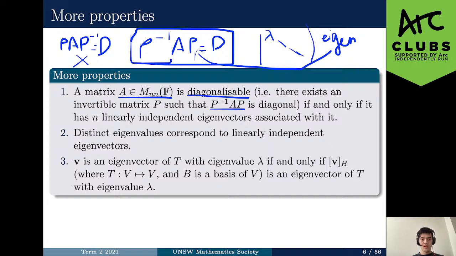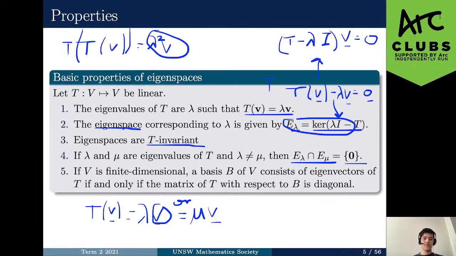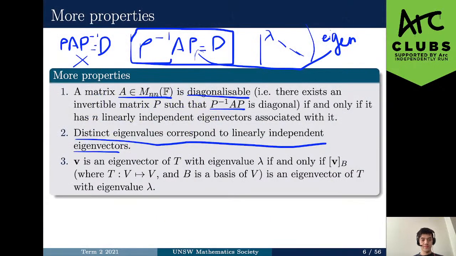And in fact, we know that distinct eigenvalues correspond to linearly independent eigenvectors. Earlier we've already seen that the eigenspace is the span of a vector, and the eigenspaces only have the zero vector in common, so it should make sense that they're linearly independent.